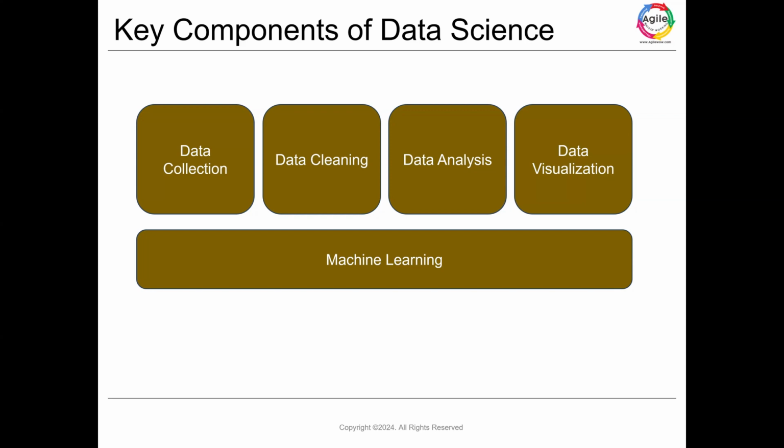Next comes data cleaning. The collected data is cleaned to remove any errors or irrelevant information, such as duplicate entries or outdated product listings. Or sometimes there may be a missing entry also, so those entries should also be filled in. The third step is data analysis.